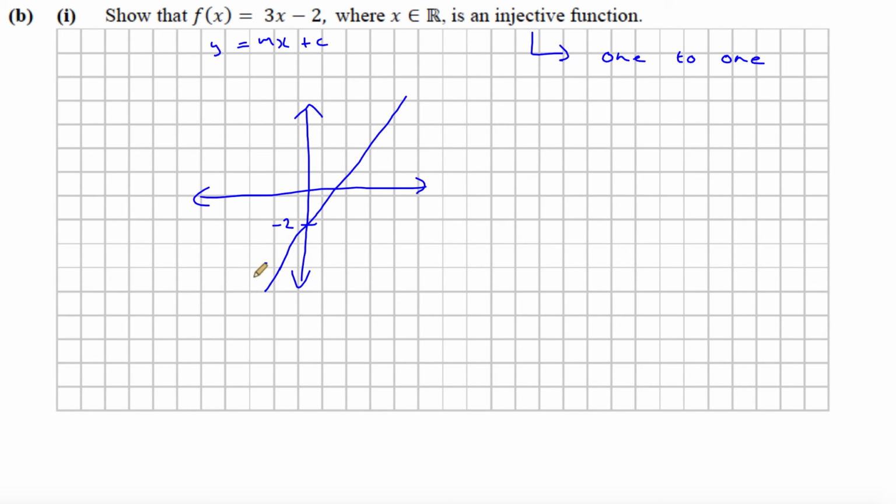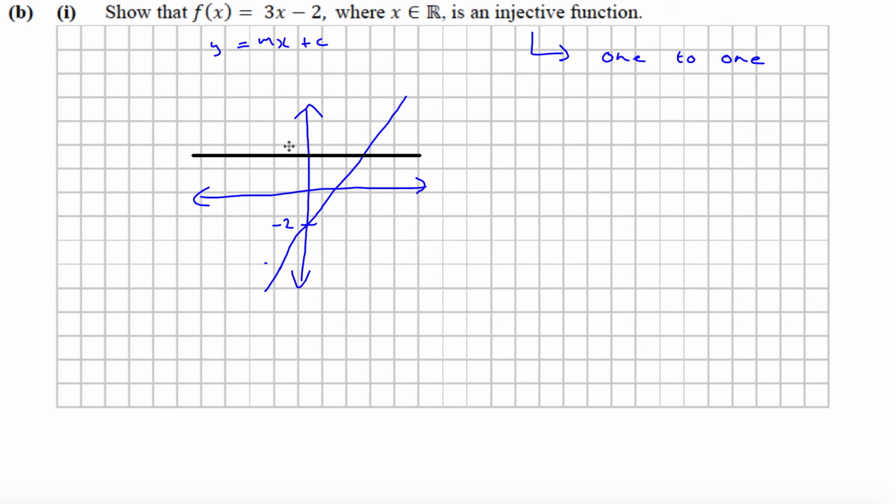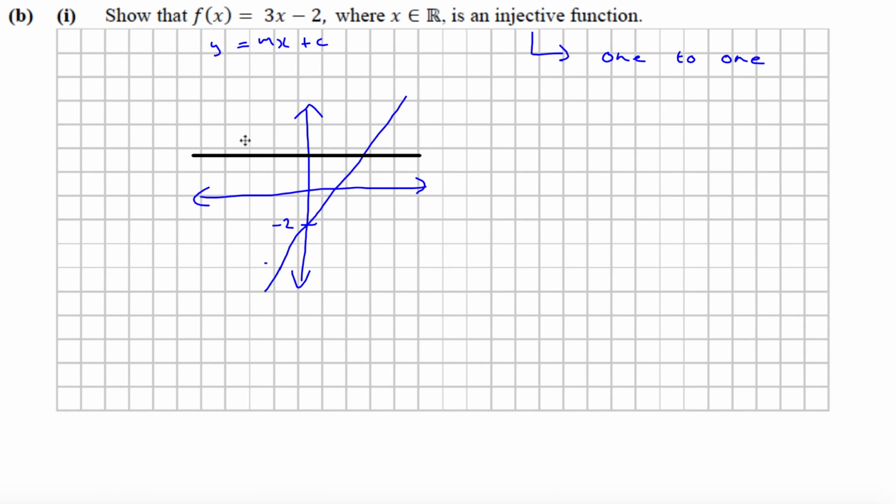So it's going to be a straight line, and to check if a function's one-to-one, we can do something called the horizontal line test. The horizontal line test involves drawing a horizontal line like this, and if you drag that horizontal line up and down like this, does it ever cross 2 points on the function at the same time?